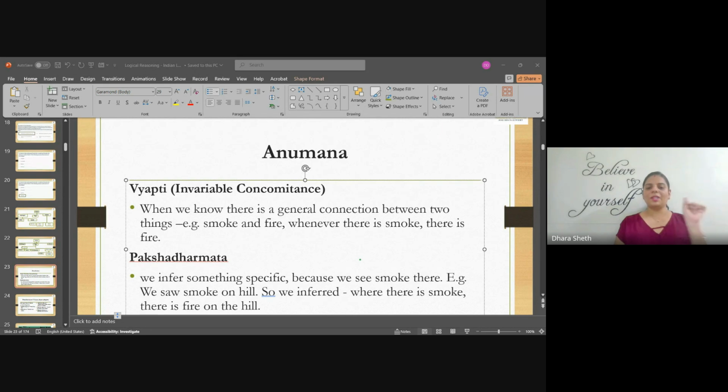We infer something specific because we see something there. After this, the topic of Paksha Dharmata ends. What continues is the topic of Vyapti, which is our main central topic. Vyapti is the general connection between two things, and the entire inference depends on this connection between two things. Okay? Clear with this too?